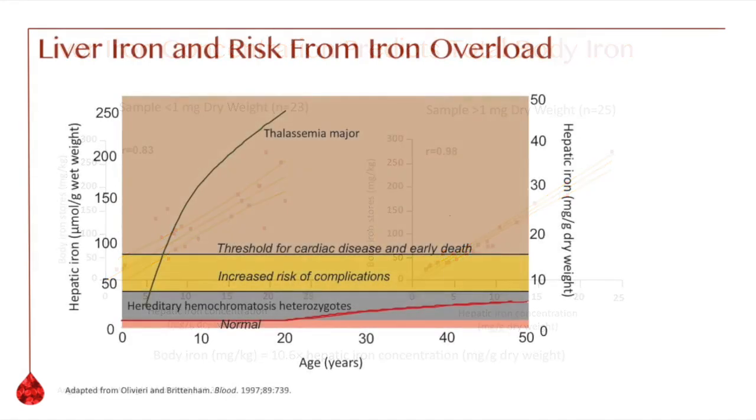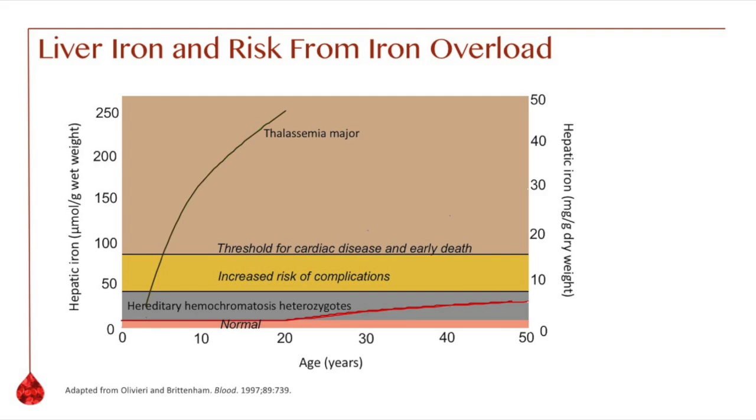The goal of iron chelation therapy is to control body iron while minimizing the toxicity associated with chelators. While it is known that hepatic iron content correlates with risk of complications and early death, limited availability of clinical data for patients with sickle cell disease means that iron overload risk management guidelines have mainly been derived from clinical experience with patients with hereditary hemochromatosis and beta thalassemia major.